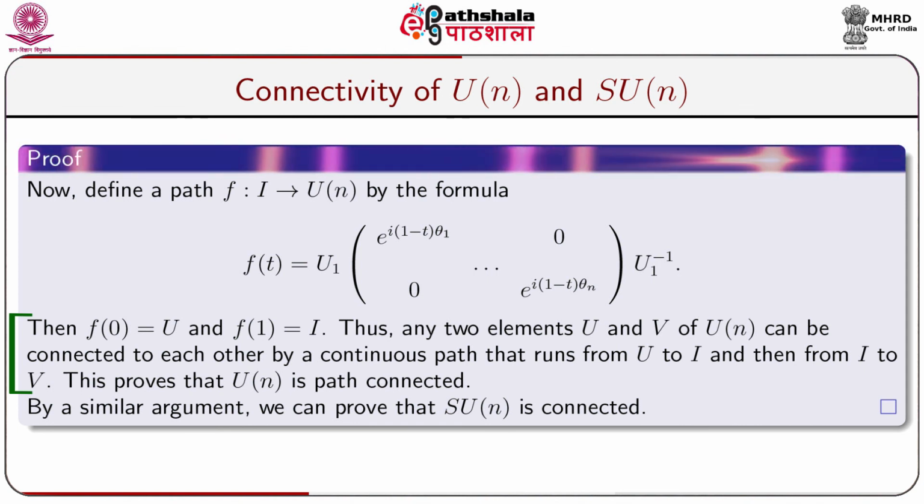So, we get a path from U to the identity matrix. This shows that it is possible to find a path in the group U(n). Similarly, we can find a path also in SU(n). Therefore, we can prove that U(n) and SU(n) are path connected.